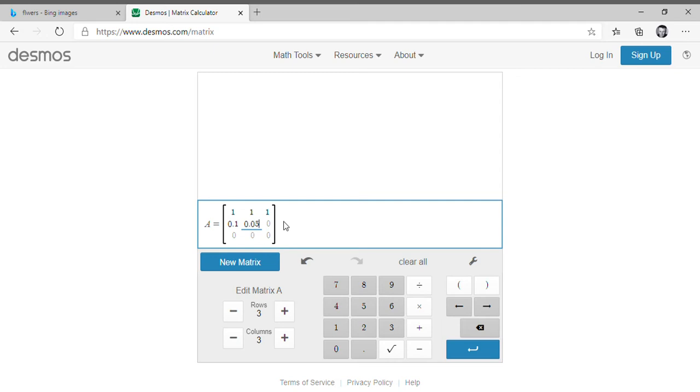And then the last column was pennies, so 0.01. Hit tab again. And then the last row, we had a negative 1, then 2, then no pennies, so it was 0. And then we just hit enter here, and we have our first matrix.